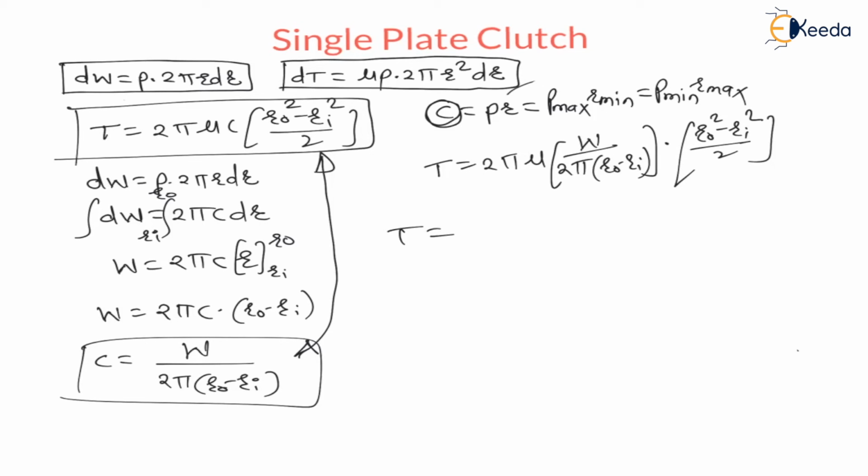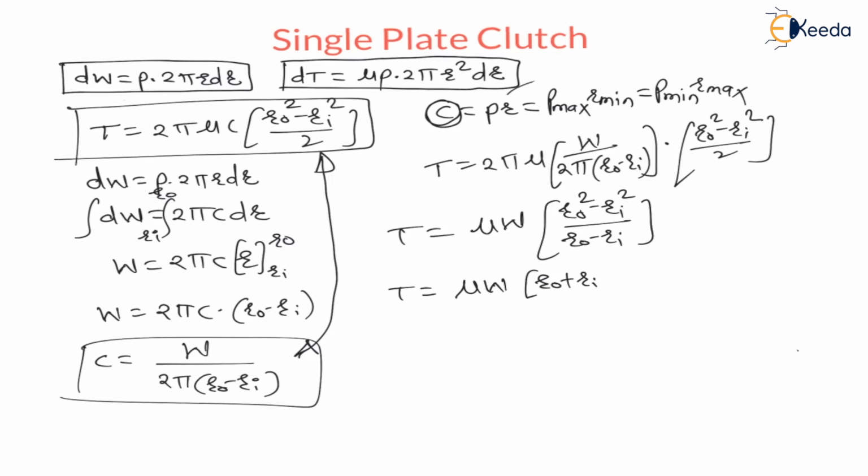The 2 pi will get cancelled, therefore torque is equal to mu W into ro square minus ri square divided by ro minus ri. Now ro square minus ri square we can split as ro plus ri into ro minus ri.